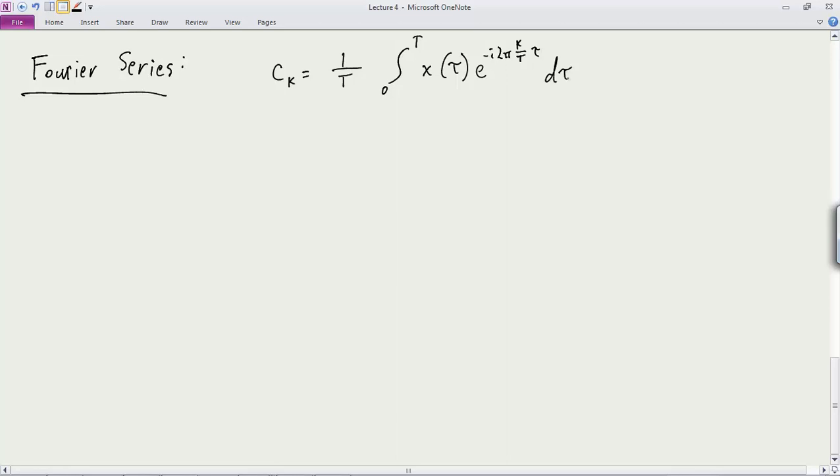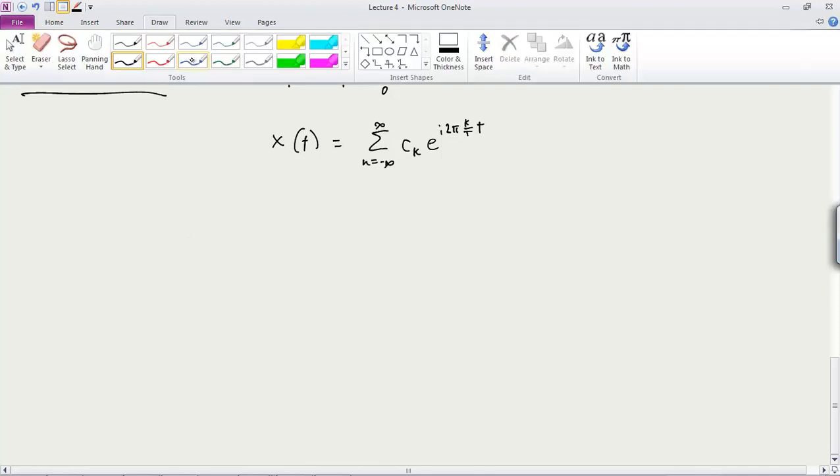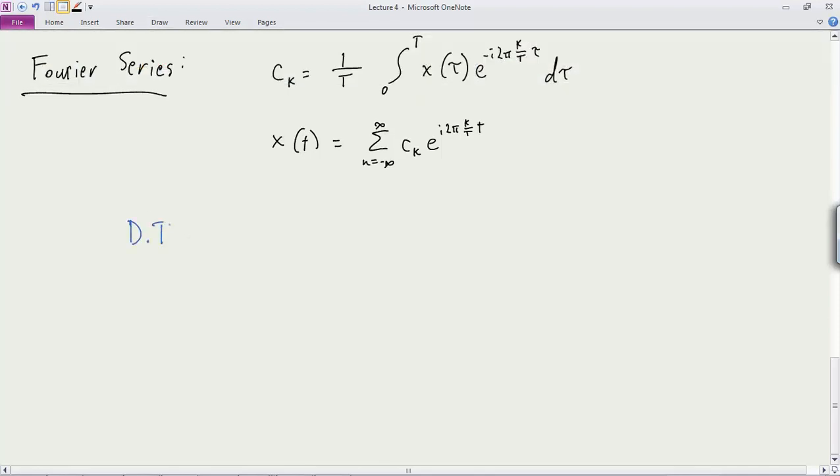And from that set of coefficients, you could then reconstruct x of t as the sum of complex exponentials with those coefficients as their weights. All right. We only gave the continuous time version last time. You have also a discrete time definition, which I'll give right next.